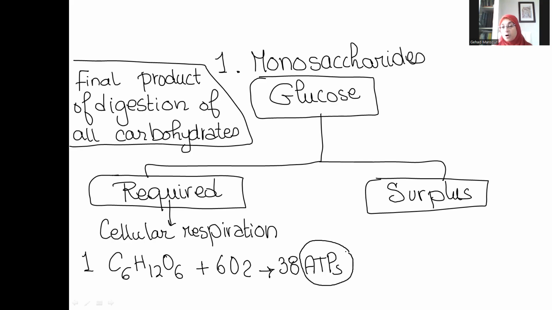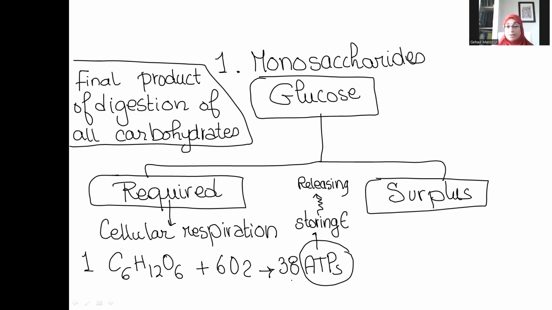And as you all know, ATP, or adenosine triphosphate, is the main molecule in the human body that is capable not only of storing energy, but also of releasing energy whenever this energy is needed.